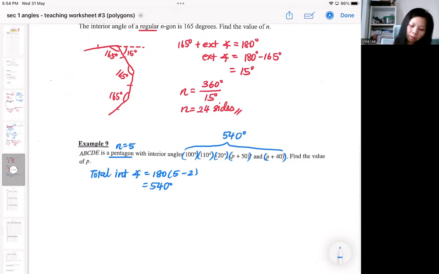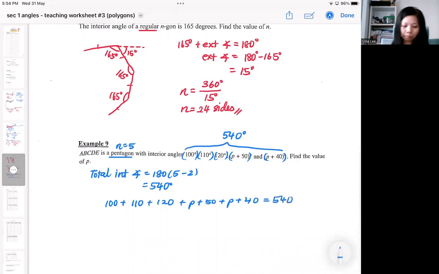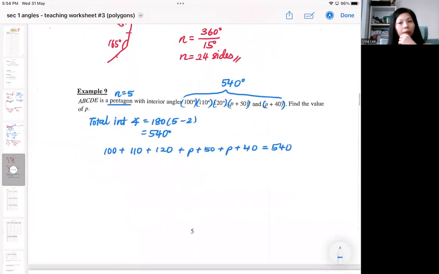So with this, I'm going to set up my algebra. I'm going to add the 5 angles, and it will be equal to 540. So the 5 angles will just add up to 540. Okay, organize your algebra first. You will get a 2p. Add up all the numerical values using your calculator.